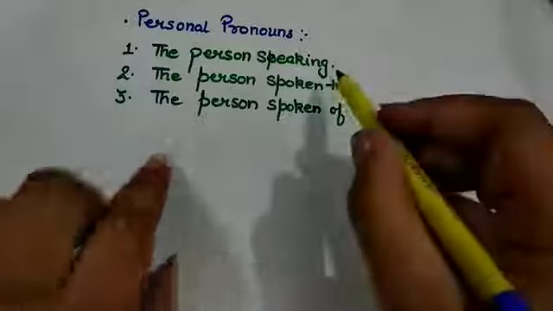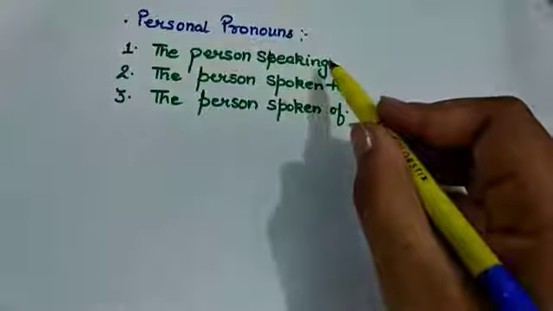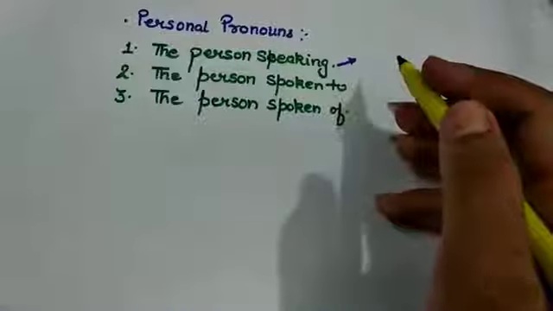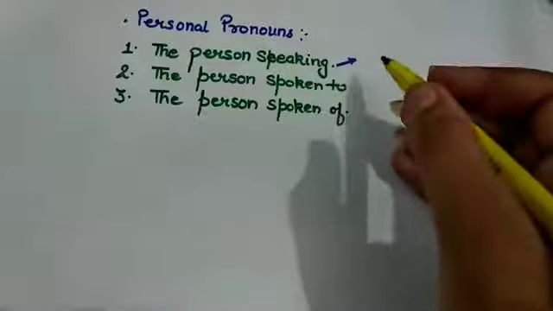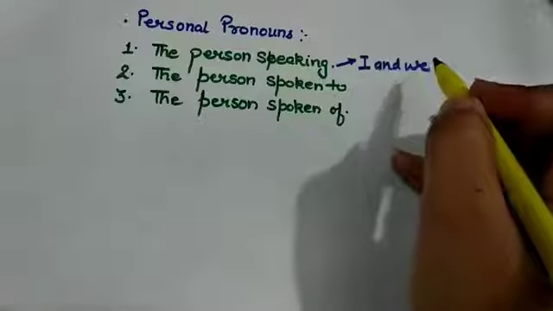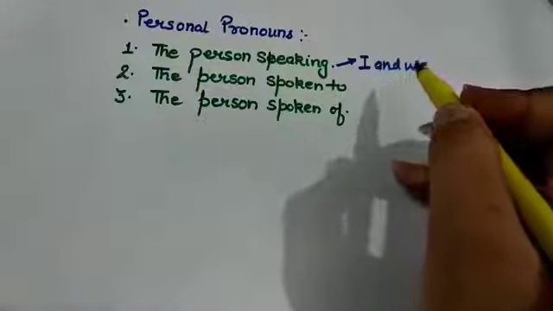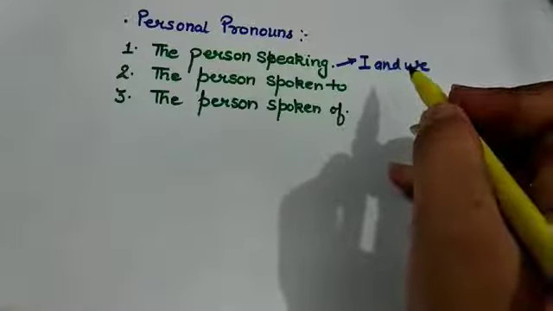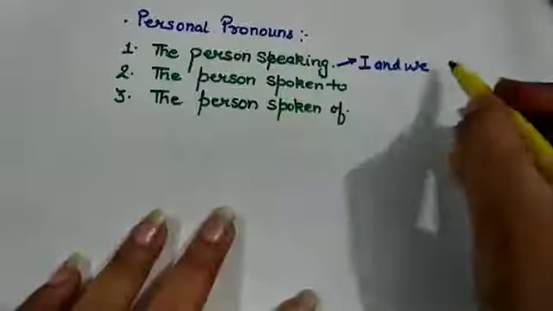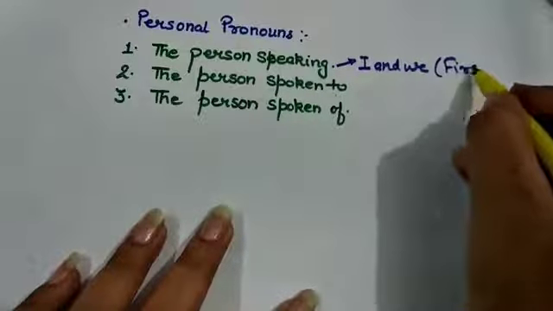When I'm talking about the person speaking, the one who is talking, I use I and we, which denote the person or persons who are talking. Okay, and they are called first person.